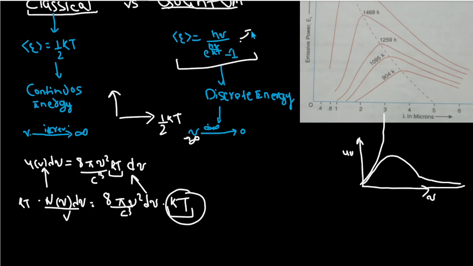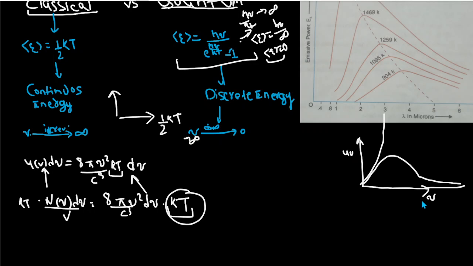As you can see here, if you put mu as infinity, see this particular thing, then h mu upon kT also tends to infinity, and the average energy is equal to h mu divided by infinity, and you know that 1 upon infinity is 0. It means the average energy is 0, and that agrees quite well with the graph of energy density versus frequency.